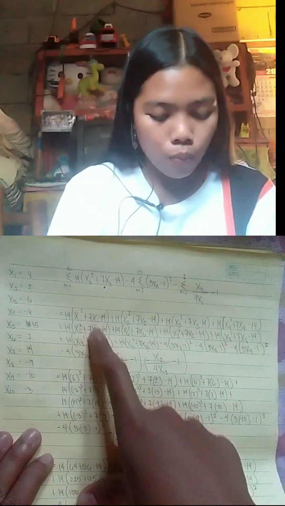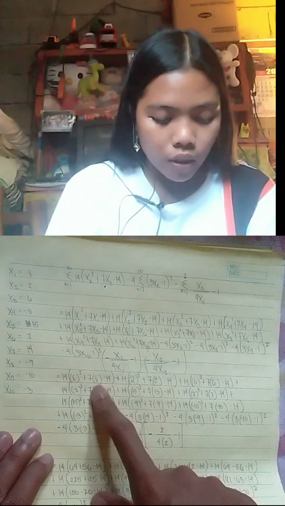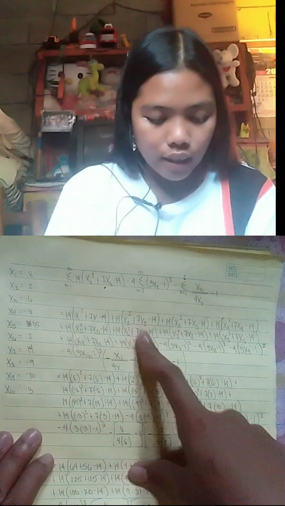So substitute 14 times x sub 1 is equal to 8, so 14 times 8 squared plus 7 times 8 minus 14. Then x sub 2 is equal to 2. Plus 7 x sub 2 becomes 7 times 2.